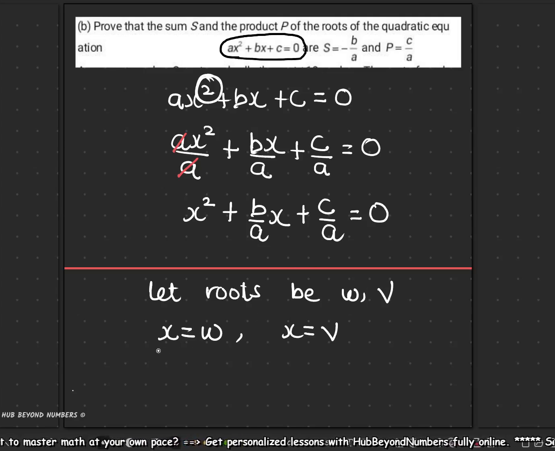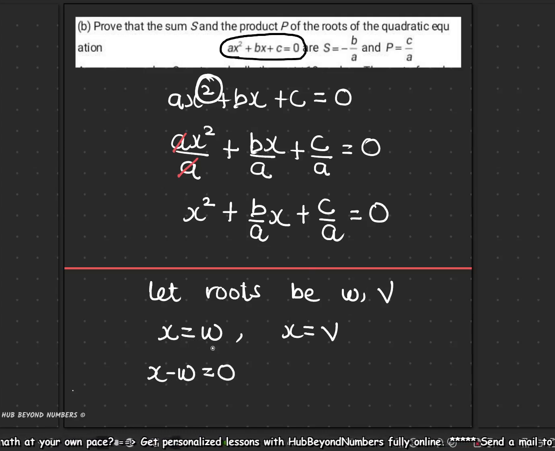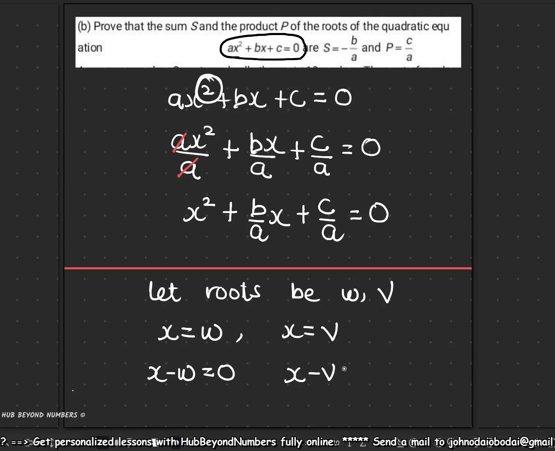What do I mean by that? We want to write x equals w as x minus w is equal to 0. It's the same thing. Over here, if you want to go back, you are making x the subject. We are doing the same over here. So we have x minus v also being equal to 0.